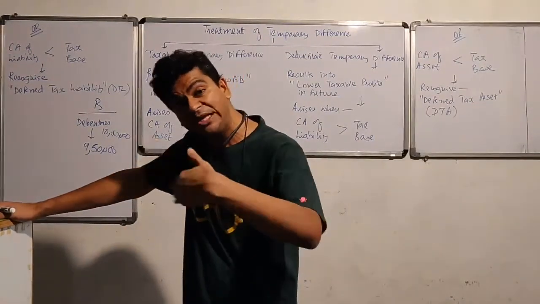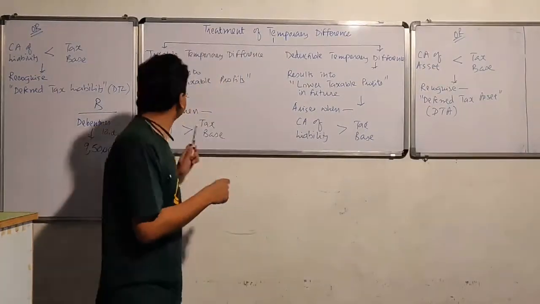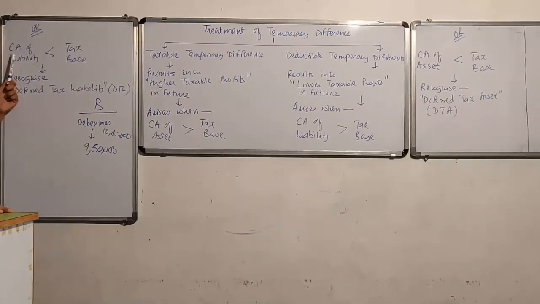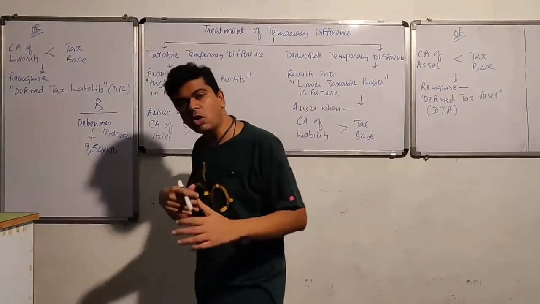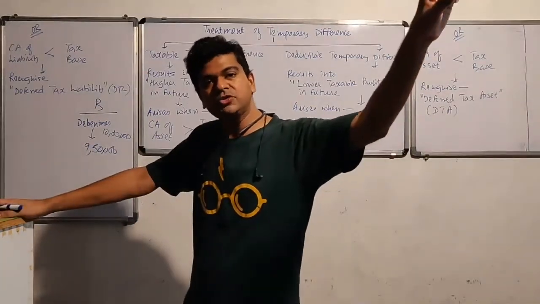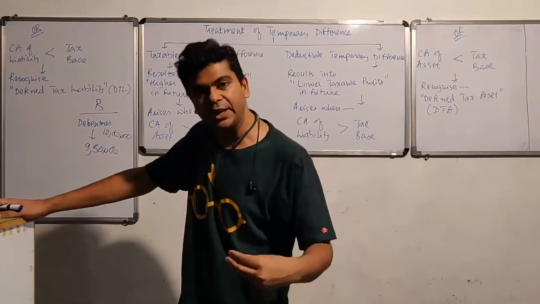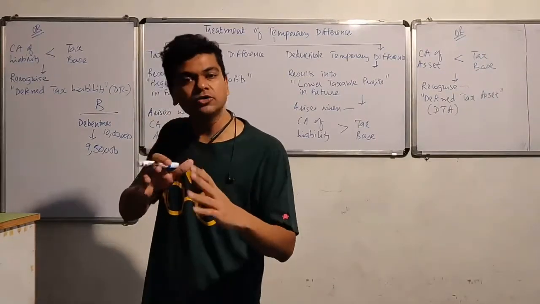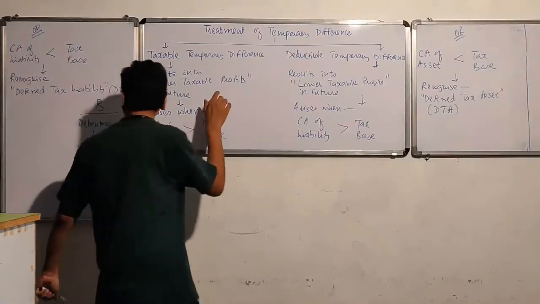So the tax base will remain 10 lakhs of rupees. My carrying amount of liability will be the fair value, 9,50,000, but this fair value will not be considered for tax. Income tax authorities will argue that the debentures in the books of B are 10, so I have to continue with 10 lakhs only. So this reduction of 50,000 in the carrying amount of liability is not considered for income tax.